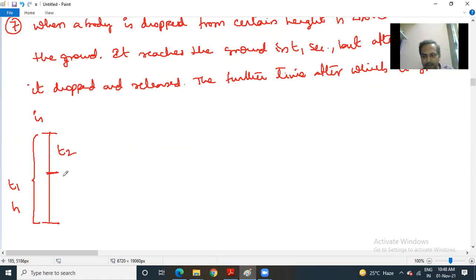So what you need to find out is the further time interval. Now the total height is h. This h1 can be included with h1, and this can be h2.